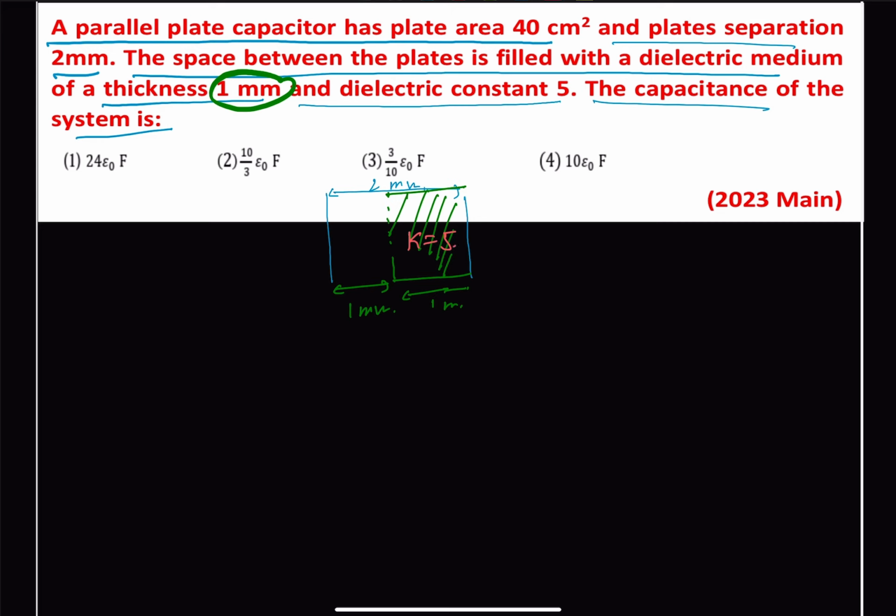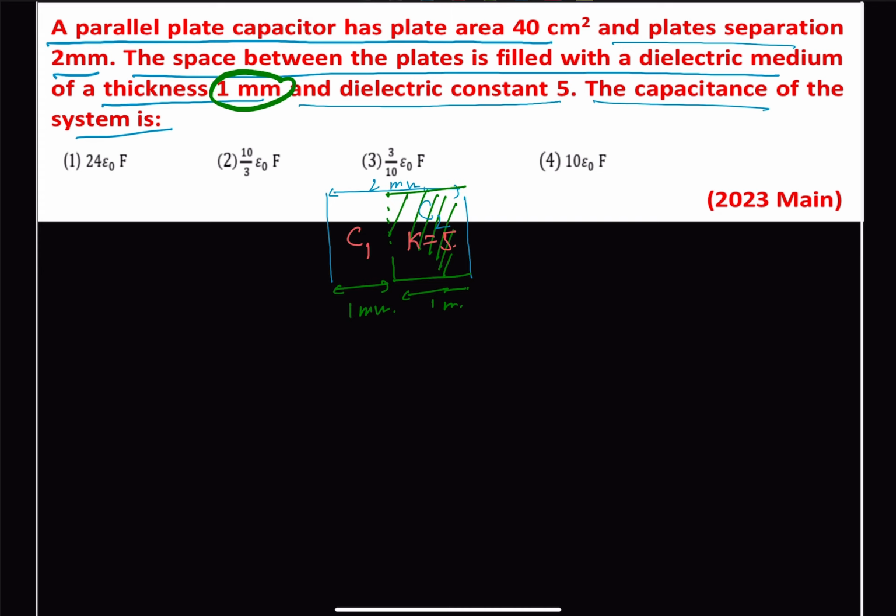Therefore, we can clearly see that we are having two capacitors. One has air as dielectric, and the other one has a dielectric. Let us suppose that is C2, which is having a dielectric of 5, and these two will be in series.